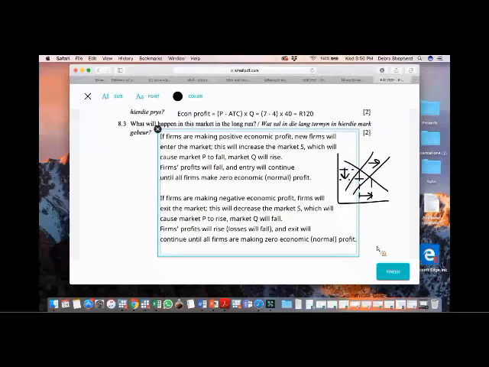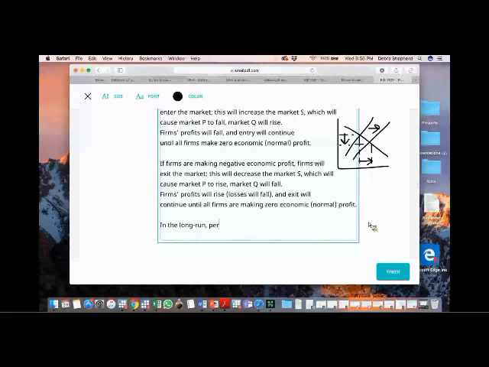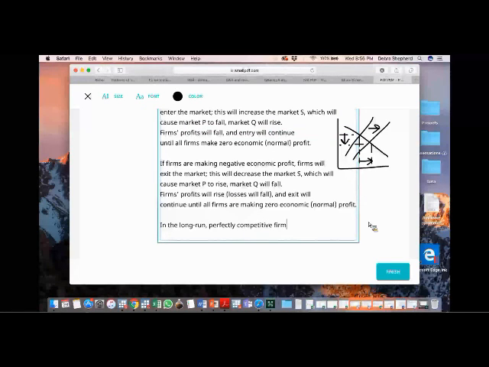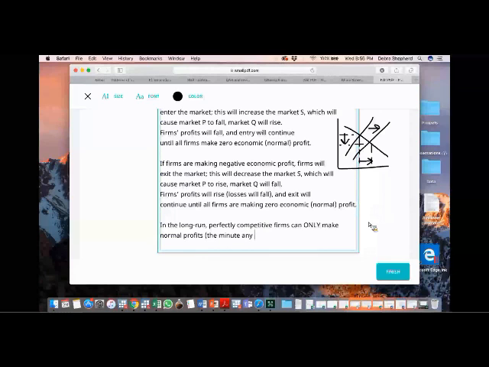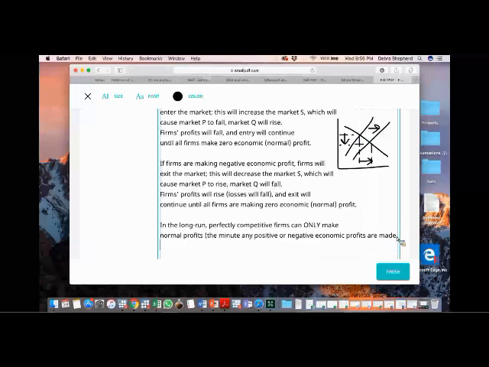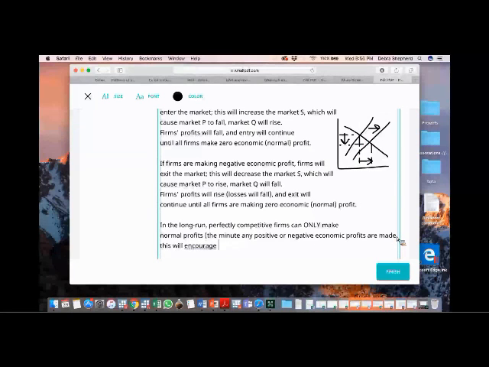And what it means is that in the long run, perfectly competitive firms can only make normal profits. The minute any positive or negative economic profits are made, so I'm going to be very particular there, this will encourage long-run exit and entry.